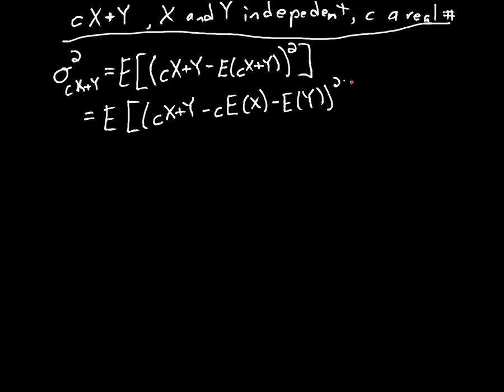And I've got this whole thing squared. Okay, now I'm going to pair the x's together and factor out that c to get a c times an x minus the expectation of x. Okay, so that was this term and that term. And then I also have a y minus the expectation of y.